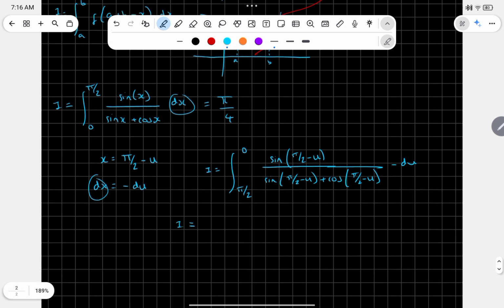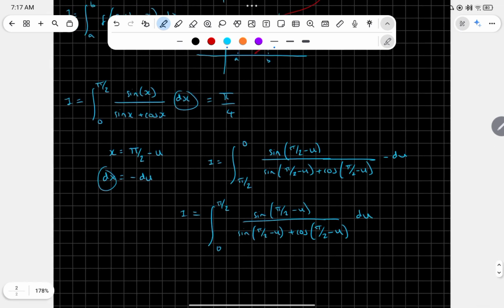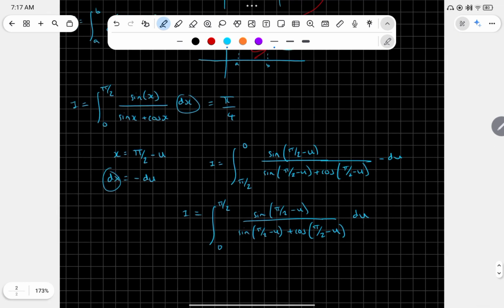Now, because there's a minus here, we can flip round the limits. And notice how we have the same thing when we applied King's rule, but this time with a u instead.